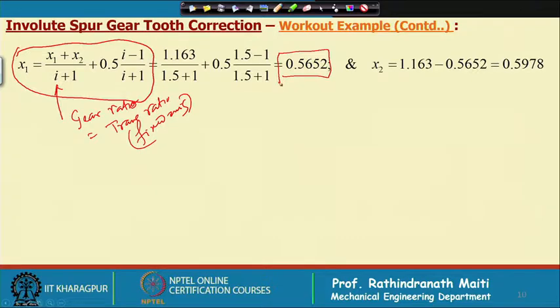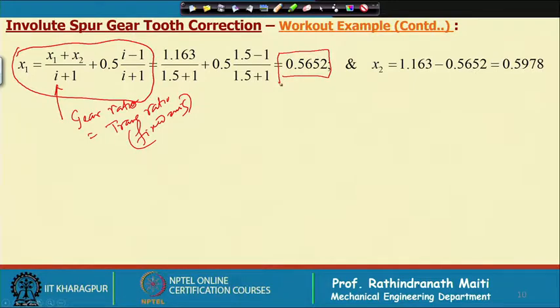0.5652. Now, for 20 degree pressure angle and with 16 teeth probably we can go for 0.5652, because for 14 what we found is around 0.45, perhaps it is possible, but we need to accept this value of x1 after calculating the tooth tip thickness, what it is coming.